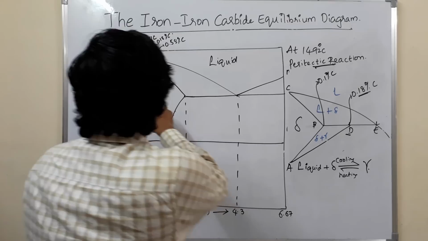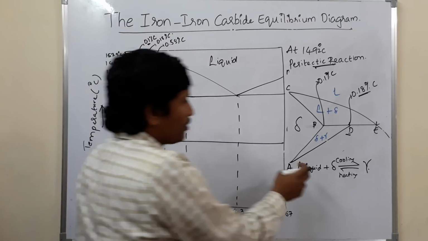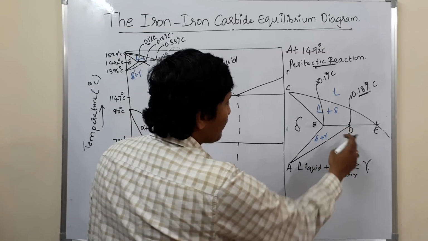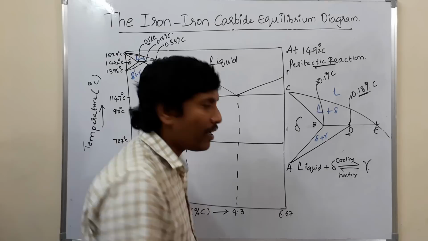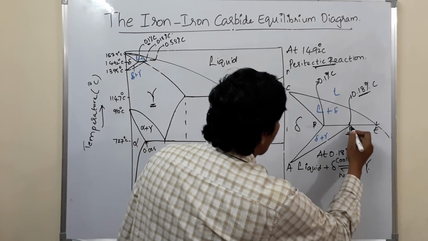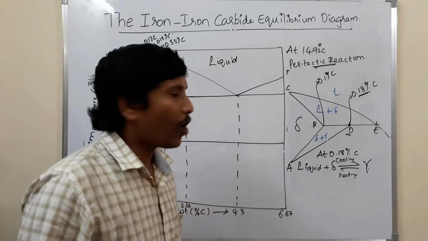The portion over here is gamma. So liquid plus delta gives rise to gamma. It occurs at 0.18 percentage of carbon. It means that it is at point D.